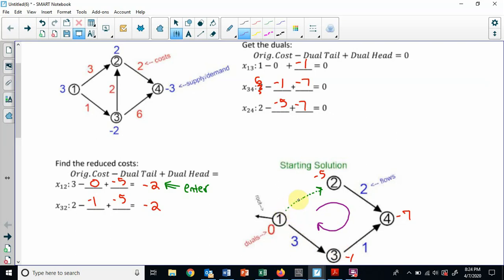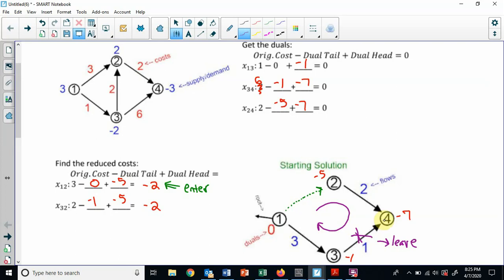Okay, so if I push 1 unit, that's going to add 3 here. It's going to take 1 away from here. That would be 0. Take 1 away from here. That would be 2, right? So this one is a smaller flow. So the smaller flow in the wrong direction is going to be the one that's taken out. So this one's going to leave. Okay? So we have 1, 2 entering and 3, 4 leaving.